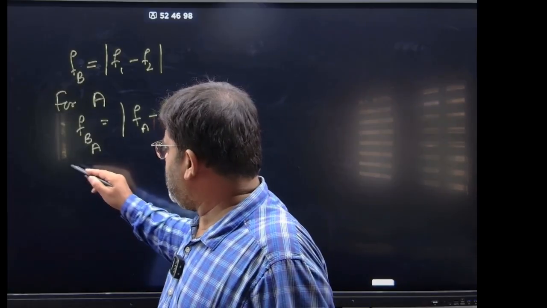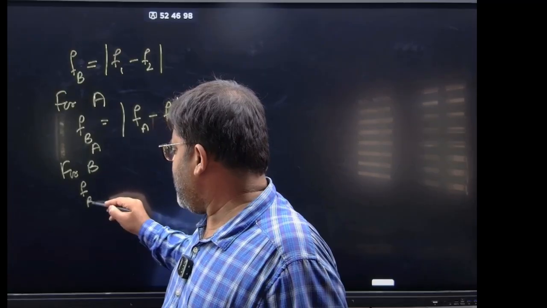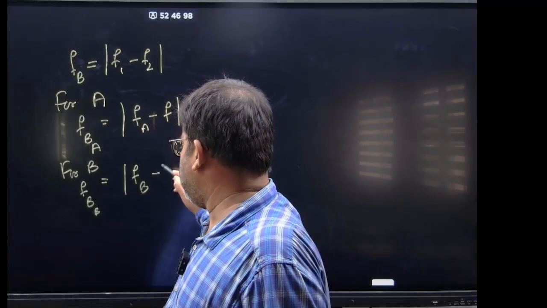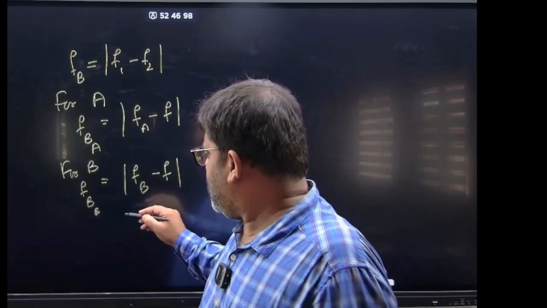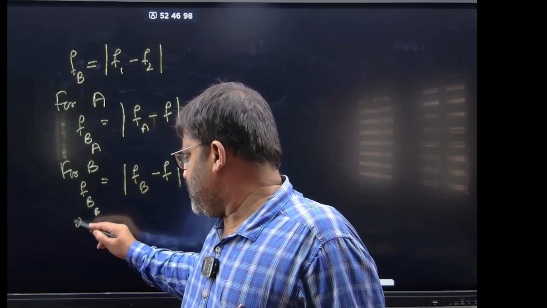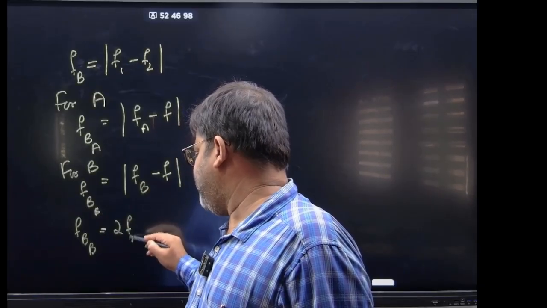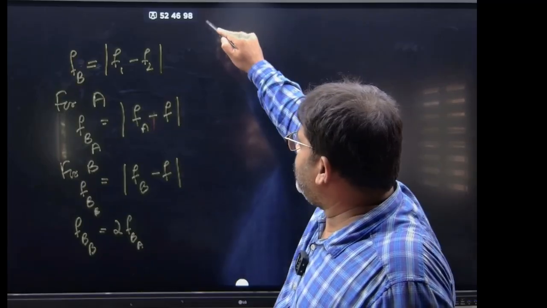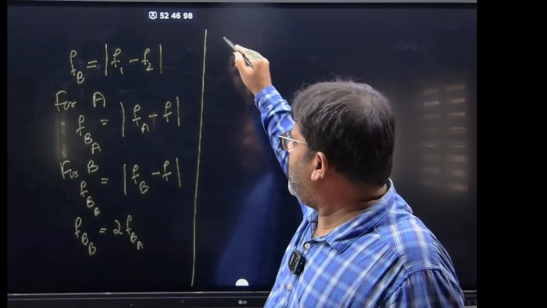Okay. Now, what about for B? For B, FBB is equal to mod of FB minus F. Okay. So according to the question, FBB is equal to 2 times FBA. Correct? Therefore we can write, what is FBB now?